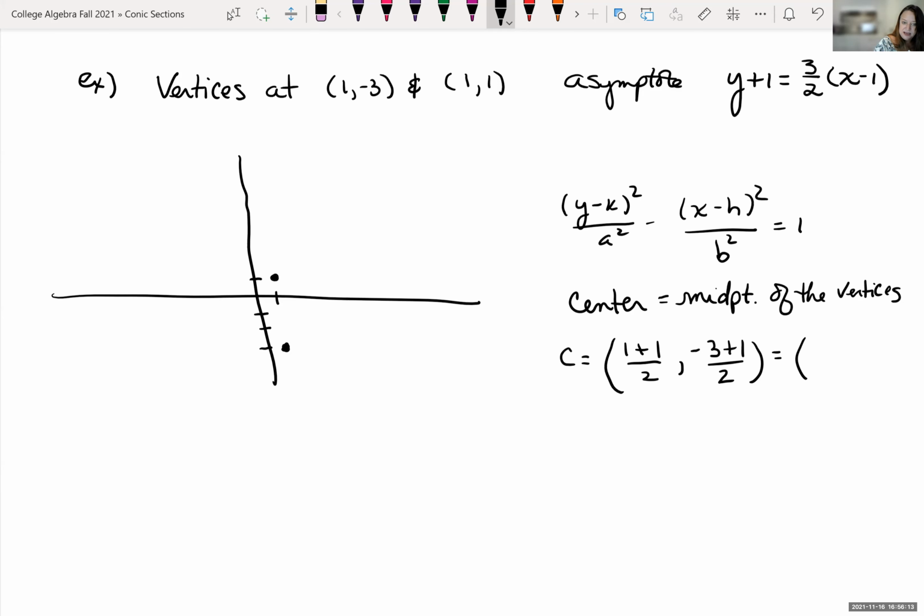So the center is going to be at 2 over 2, which is 1, and -3 plus 1, so -2 over 2, which is -1. So we have a point at 1, -1. We know our a value is how much we rise or fall from the center, and that distance is 2. So that tells me that my a squared value is 4.